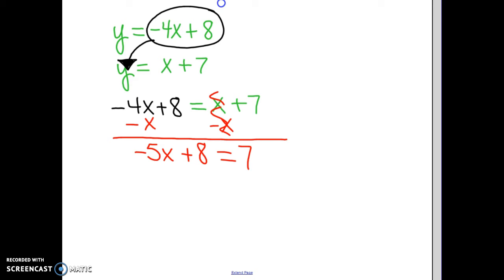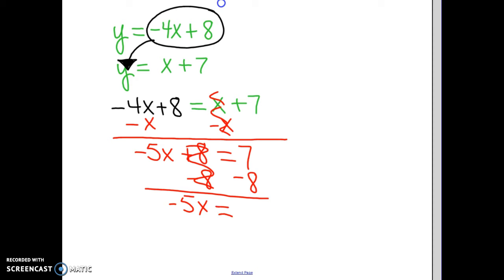Now I have a regular two-step equation, like I've solved many times in pre-algebra and algebra 1, and I need to get the x's alone, so I'll subtract 8 from both sides, keeping the negative 5x. 8 minus 8 is 0.